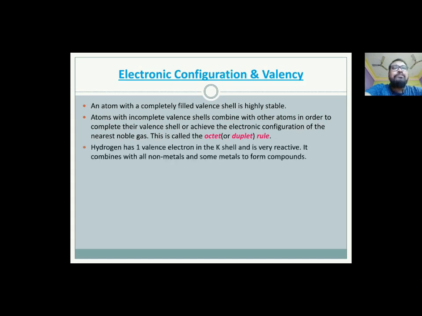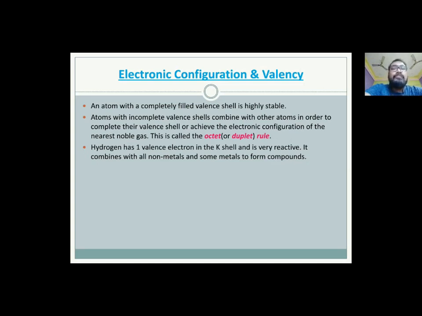Atoms with incomplete valence shells combine with other atoms in order to complete their valence shells or to achieve the electronic configuration of the nearest noble gas. Like hydrogen, it will achieve the electronic configuration of the nearest noble gas, which is helium. So this is called the octet or duplet rule. Duplet in the case of helium and octet in the case of other noble gases.